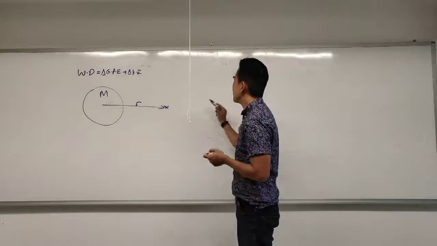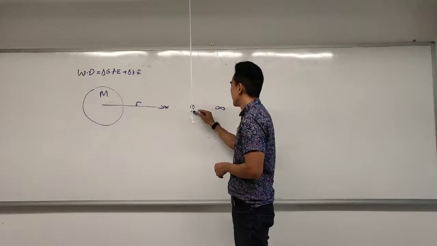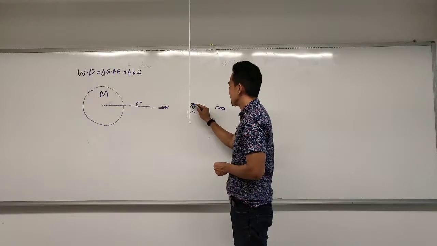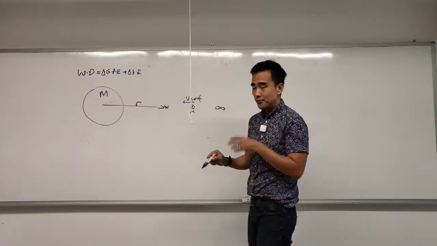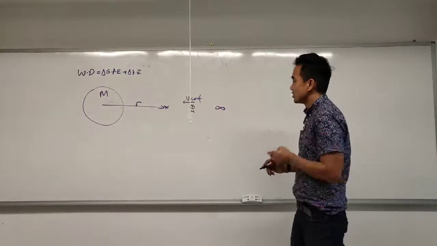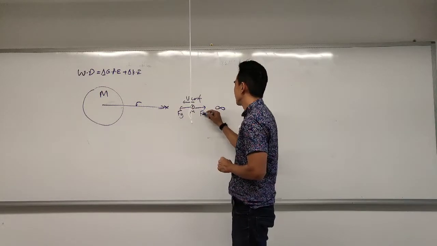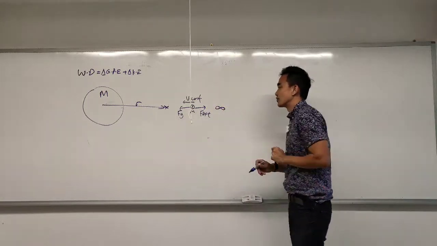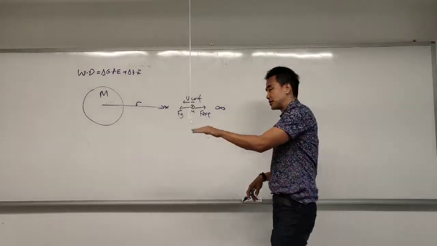So if I bring a mass from infinity to point X, somewhere along the way, in this direction, I bring it in such a way that it's at constant speed. So in order to bring it at constant speed, I need to exert an external force that's equal and opposite to the gravitational force. So the external force is this way, gravitational force is this way.